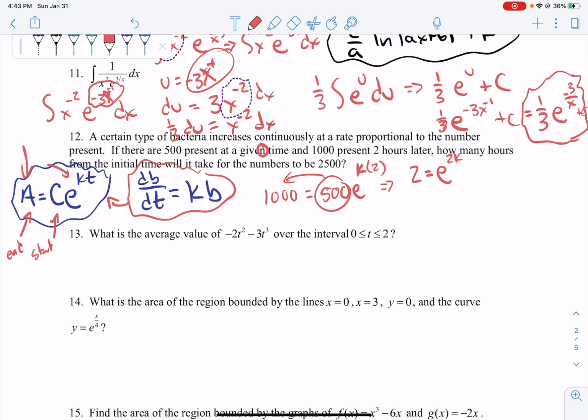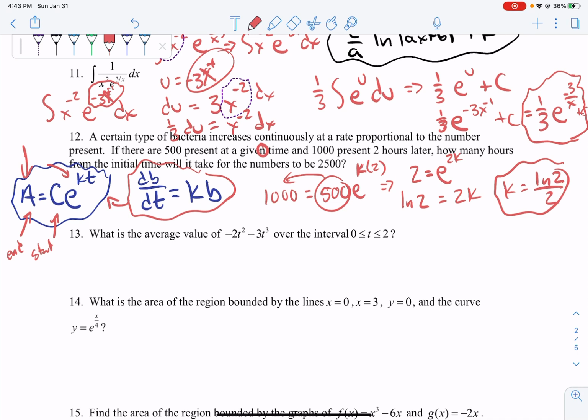Now I'm going to natural log both sides. So the natural log of 2 is equal to 2 times K, which means that K is equal to the natural log of 2 divided by 2. I'm okay leaving it like that. You could plug it in your calculator or save it as a value, but it's going to be an ugly decimal. I'm just going to leave it as natural log of 2 over 2.